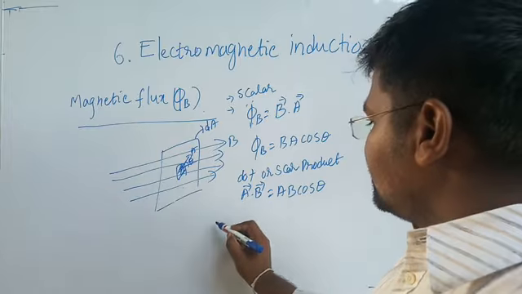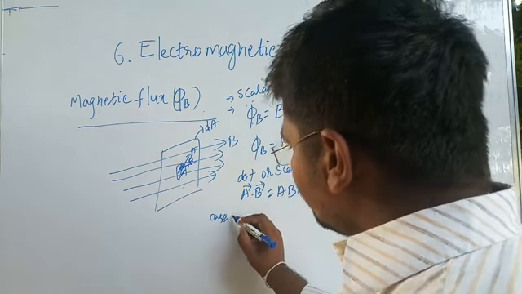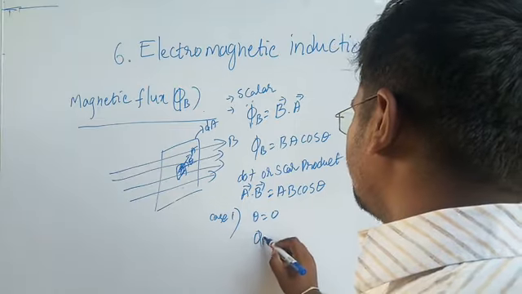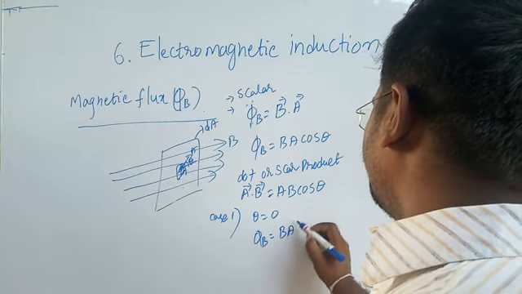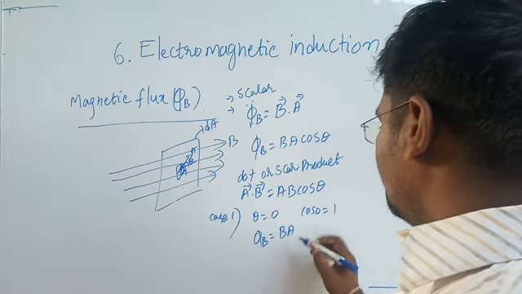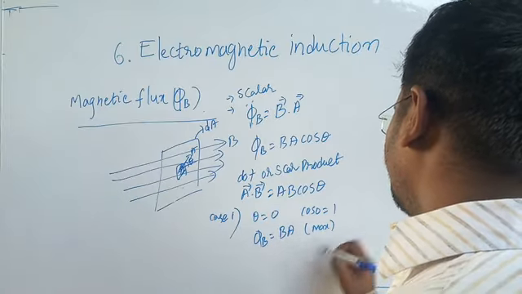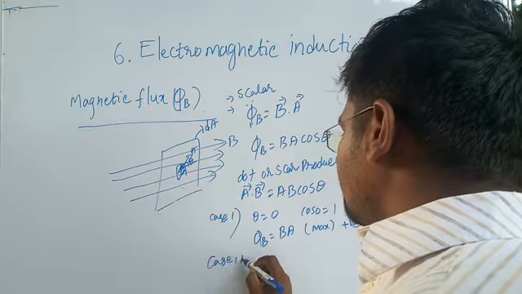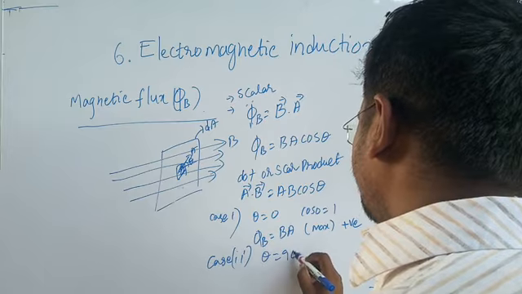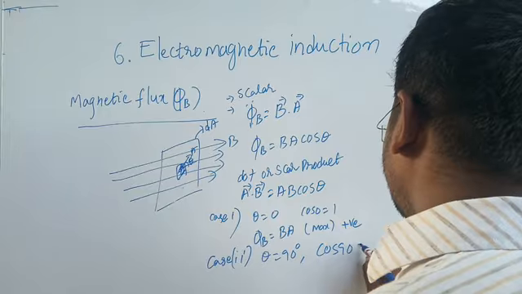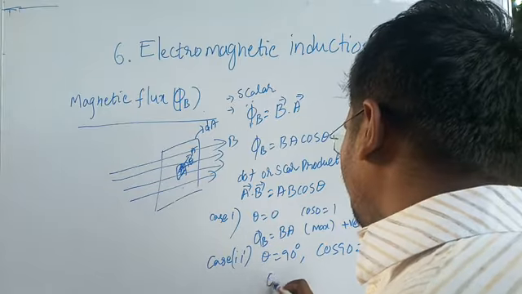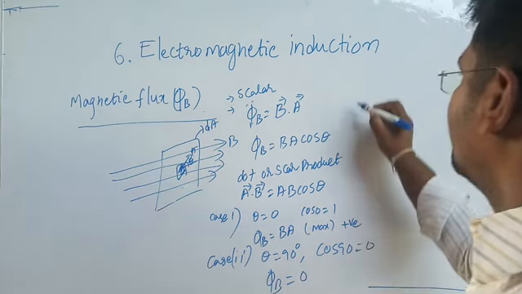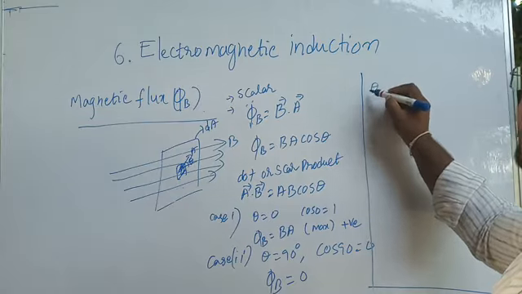Case 1: if theta is 0, phi B equals BA, because cos 0 is 1. This is maximum or positive. Case 2: theta equals 90 degrees, cos 90 degrees is 0, so magnetic flux is 0.